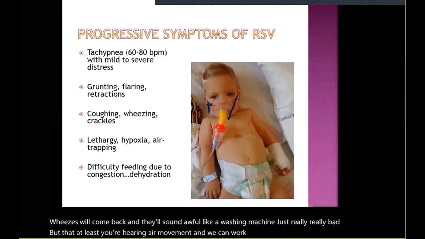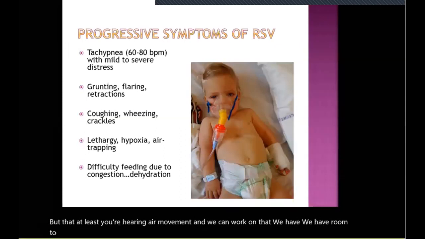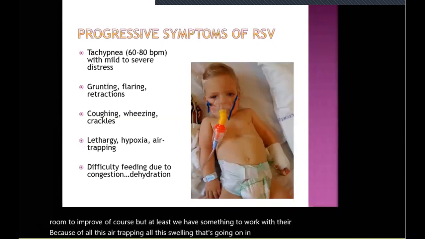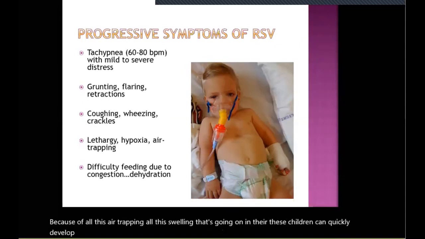We have room to improve, of course, but at least we have something to work with there. Because of all this air trapping and swelling going on in there, these children can quickly develop atelectasis, where portions of their lungs start to collapse. They can also progress to a pneumonia. It can be strictly a viral pneumonia because of the RSV.